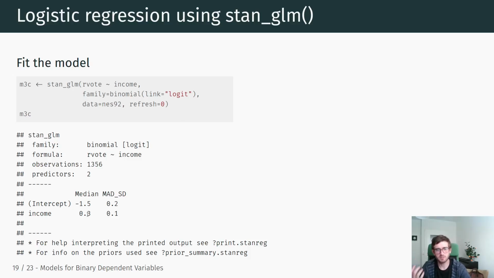This sounds a little bit abstract, but it gives you a better intuition as to how large these effects actually are, right? We can divide the coefficients by 4, and that's an approximation of the maximum change in probability that is associated with a 1 unit increase in x, okay?